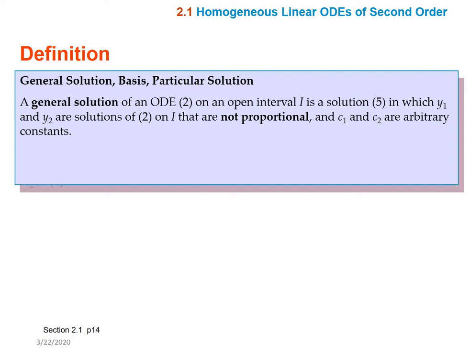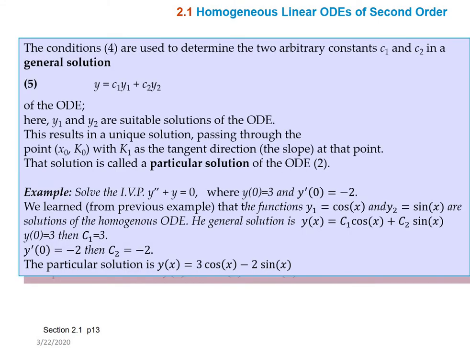For example, sine x and 7 sine x, or sine x and 8 sine x. The quotient is a constant, so they are proportional, meaning we are talking about one thing. But if you look at sine and cosine, they are different because if we take sine over cosine, we get tan, and cosine over sine, we get cotan. It's not constant, so they are not proportional.